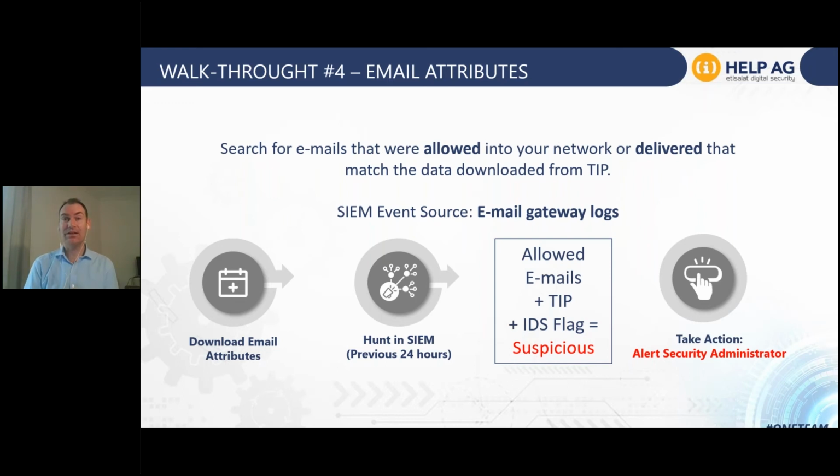If it's been permitted or delivered to recipients, then you're likely to want to alert an administrator or notify the users to take action against those emails. Such actions might include speaking directly to the user or even deleting emails from inboxes. And again, what actions you take will depend on your organization's size, capability, and appetite to take action.